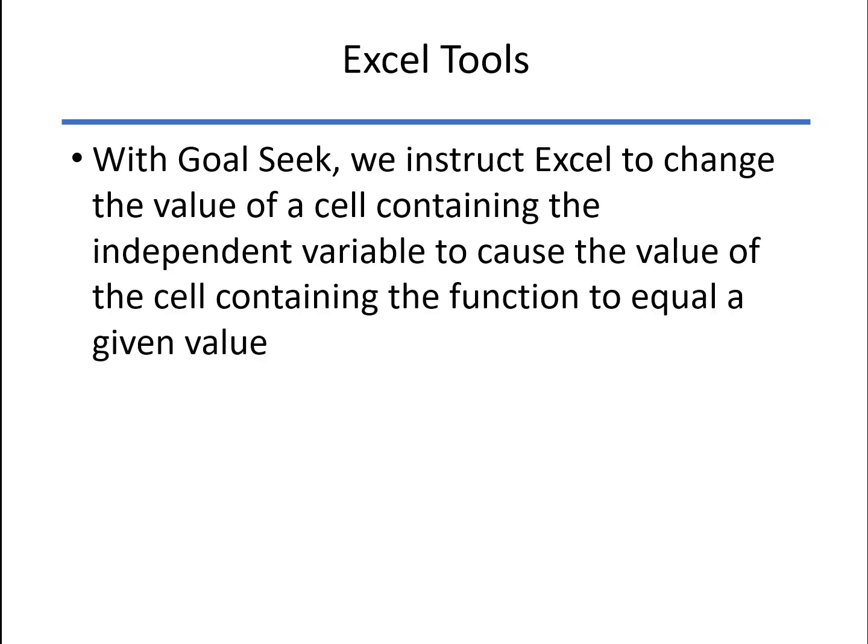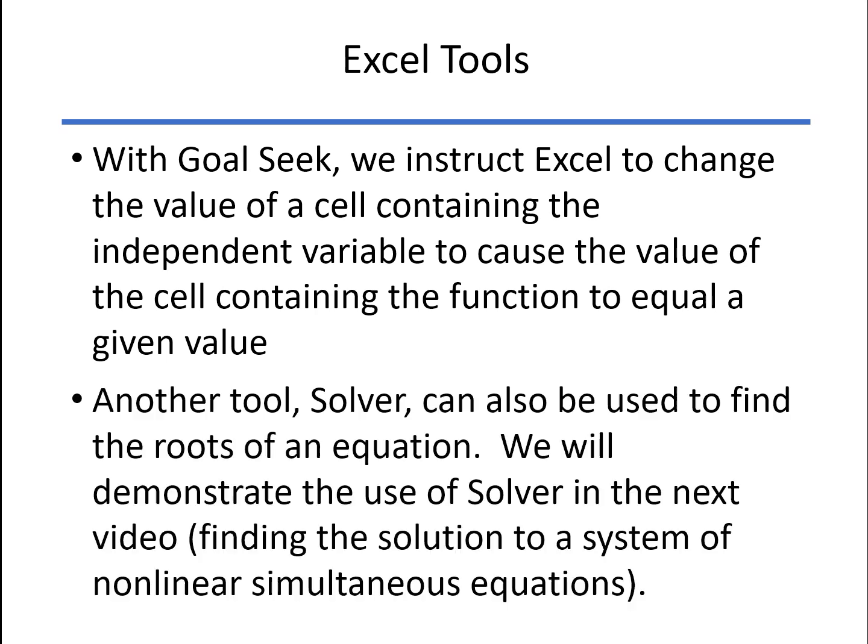So let's talk about Goal Seek first. With Goal Seek, we simply have our independent variable in a cell and our function in another cell, and we're telling Goal Seek to set the function equal to a given value, in this case usually 0, by changing the cell with the independent variable. Again, it's very simple to use, and we'll demonstrate that in just a moment.